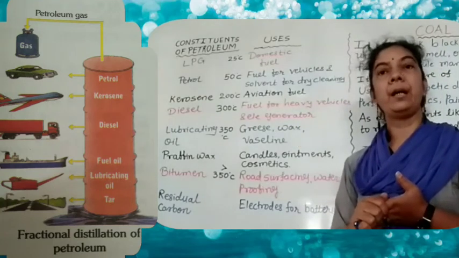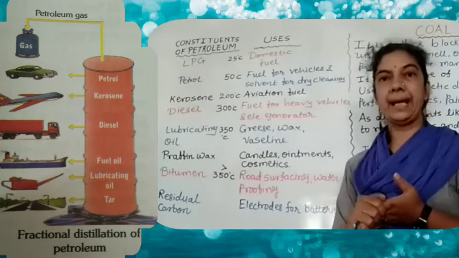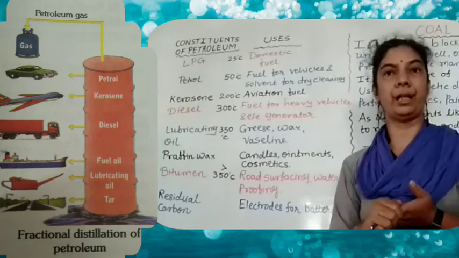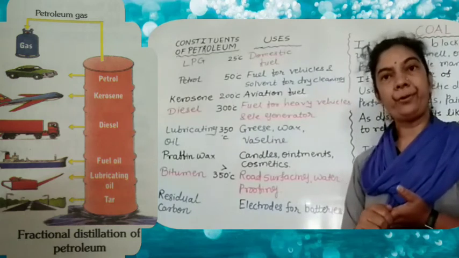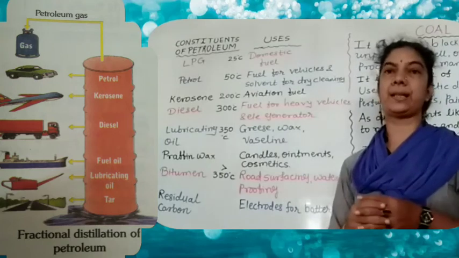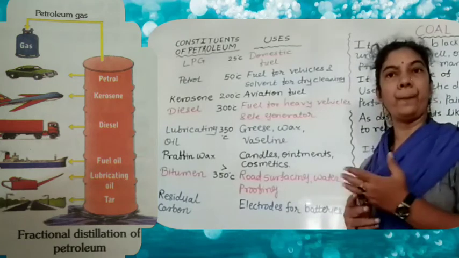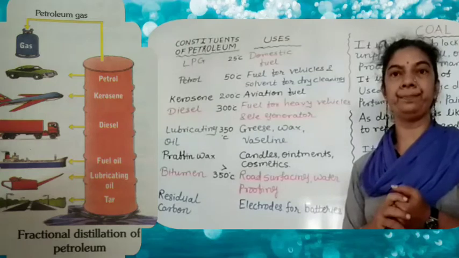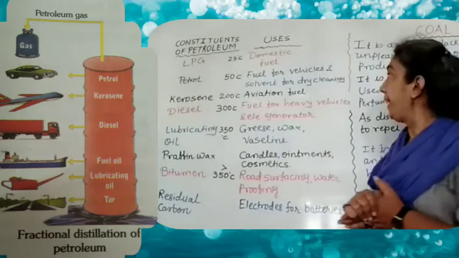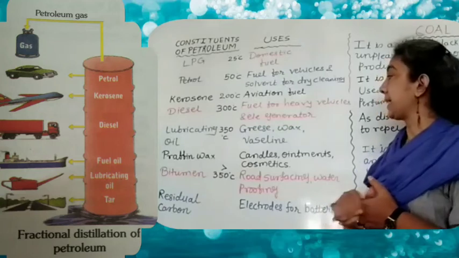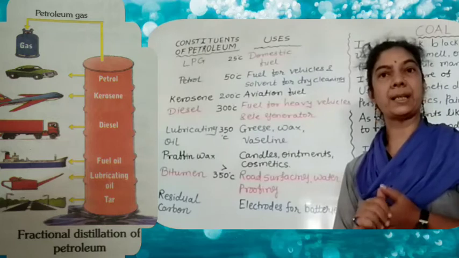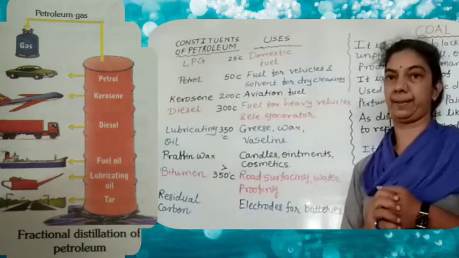In this refining, as we are moving high in this fractionating column, different components are found. So let us discuss these different components of petroleum and their uses. Very first, we can start with the lower part if we are starting from solids.